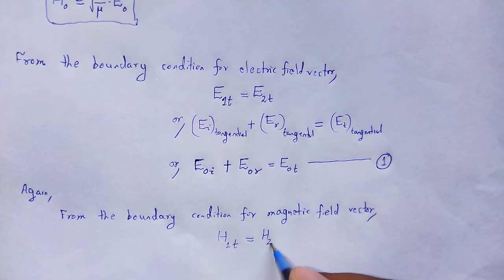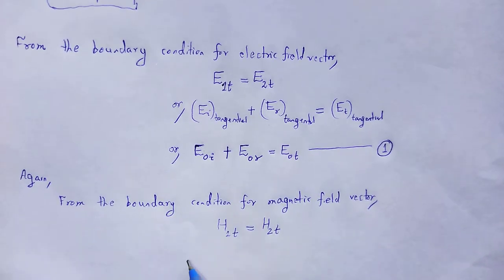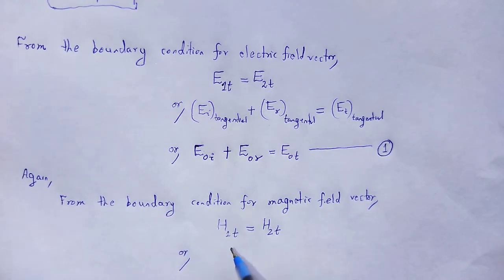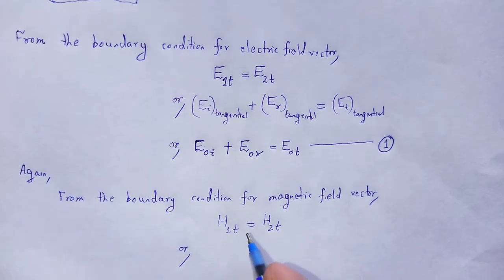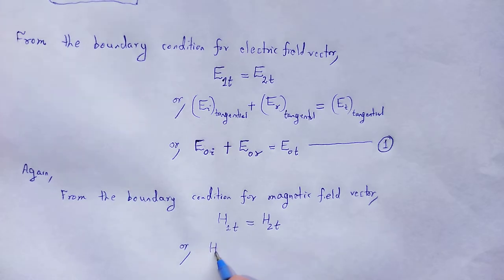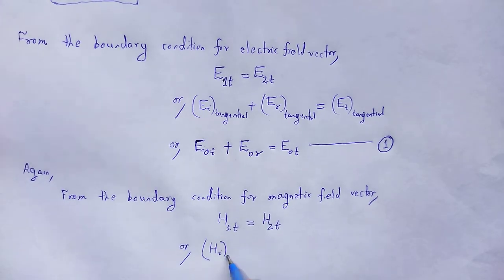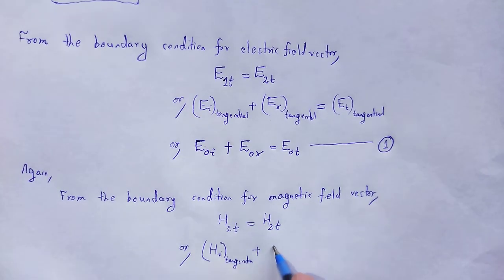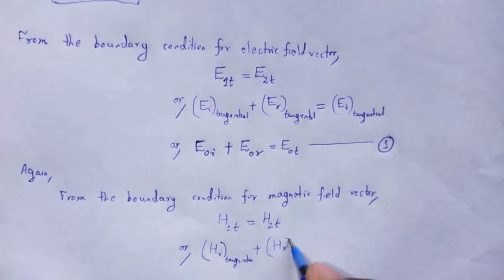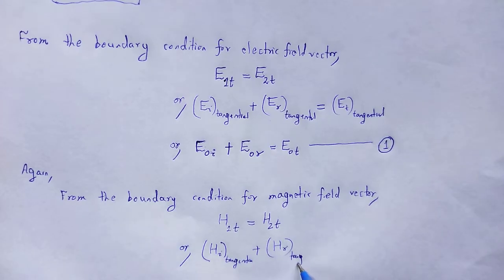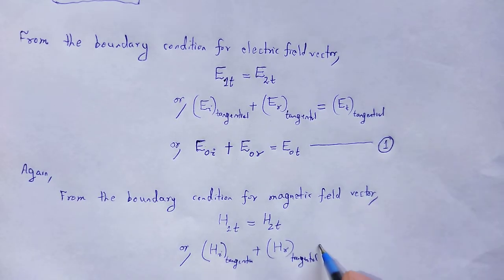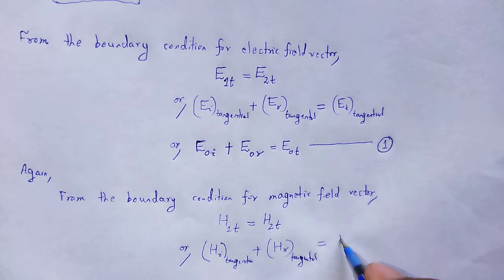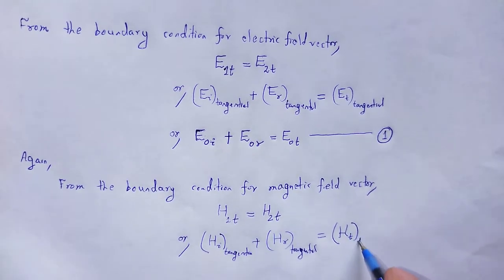H1t is equal to H2t. For medium 1, that is the incident wave and the reflected wave, the tangential component for incident and the tangential component for reflected. For medium 2, it is the tangential component for the transmitted wave.